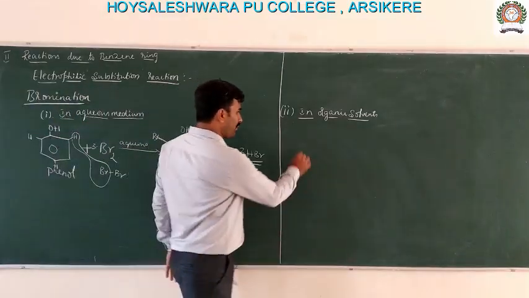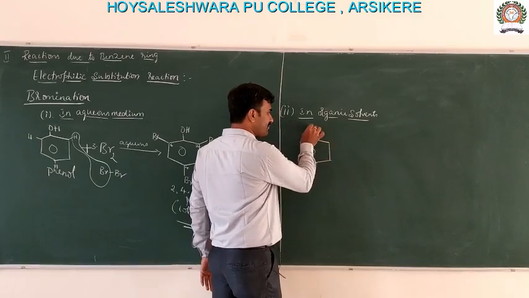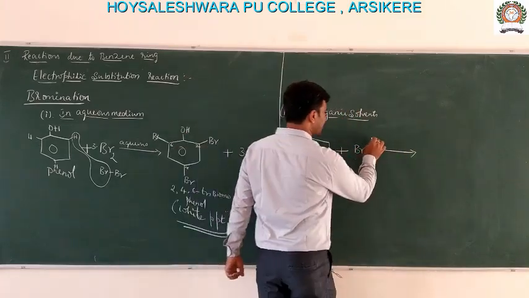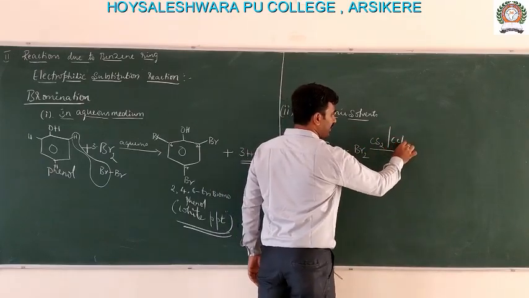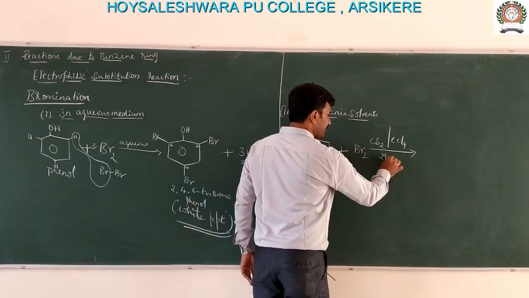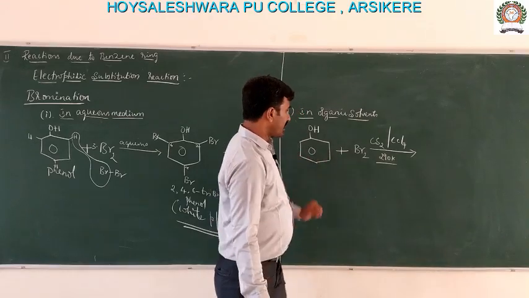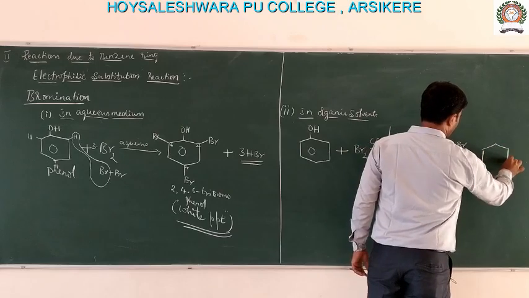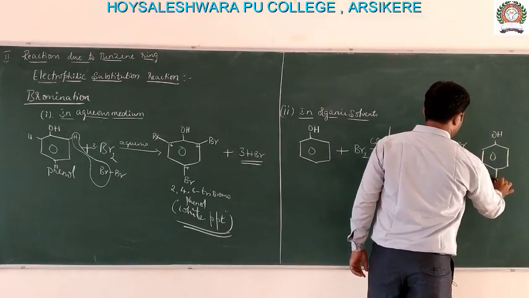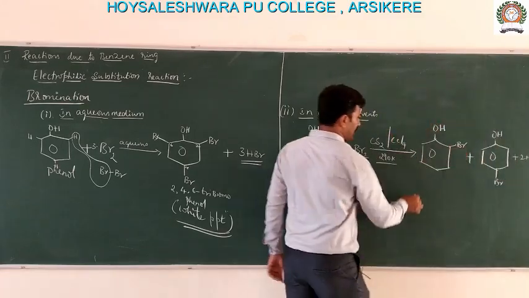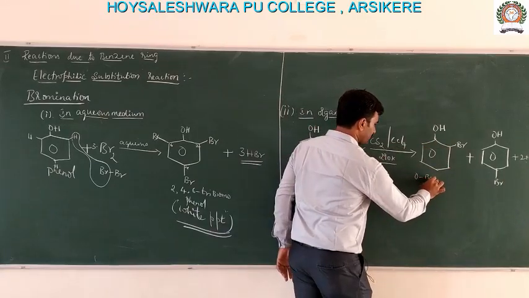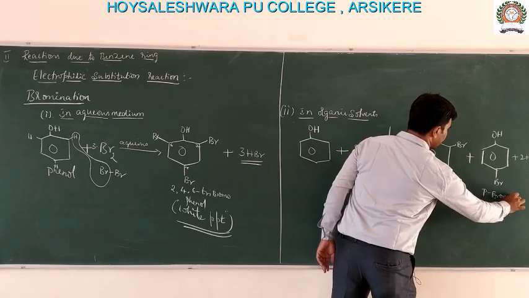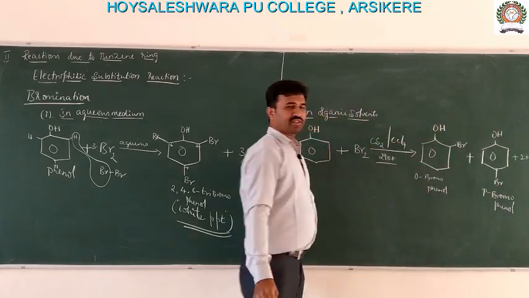Then the same phenol upon reacting with bromine, but in the presence of organic solvents, CS2, that is carbon disulfide, or carbon tetrachloride, CCl4, at 290 Kelvin, that is low temperature, forms orthobromophenol and parabromophenol.